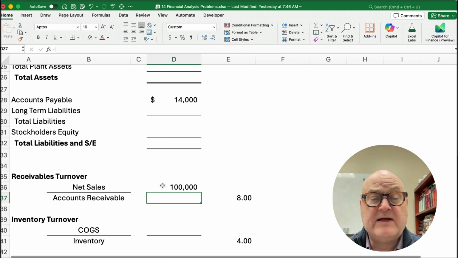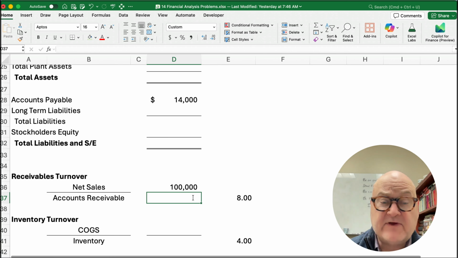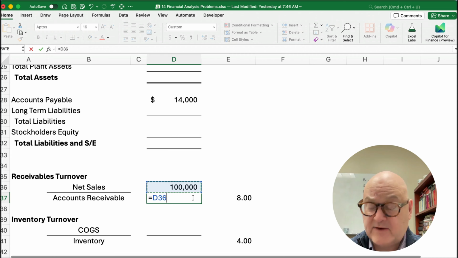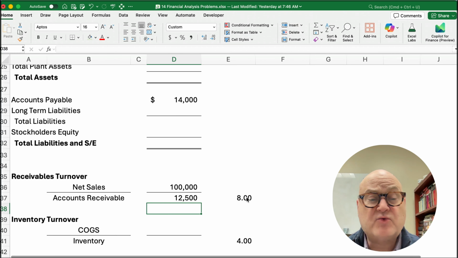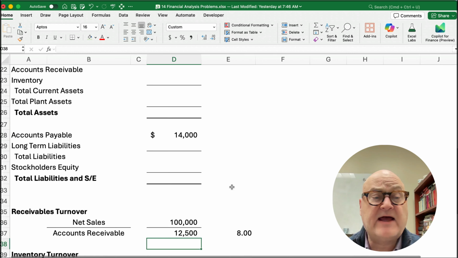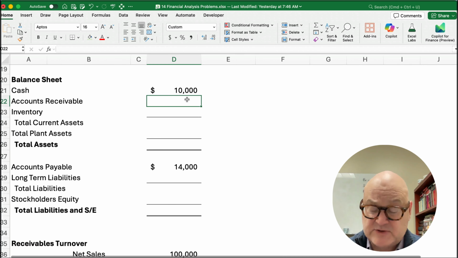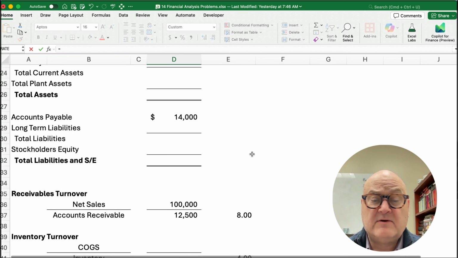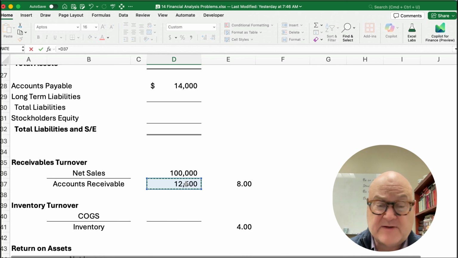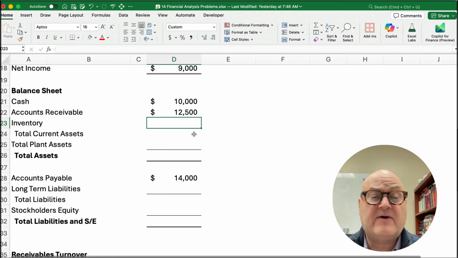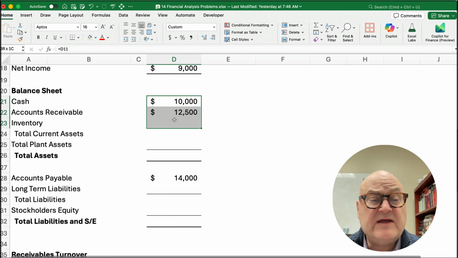Our sales are 8 times larger than our accounts receivable, so we do 100,000 divided by 8, and we get 12,500. So our accounts receivable is going to be 12,500.